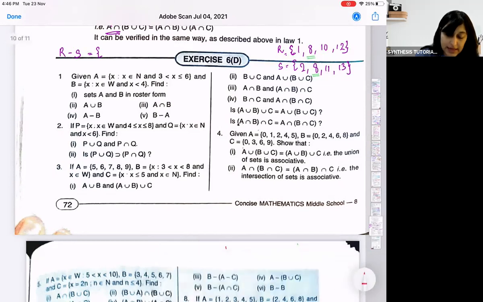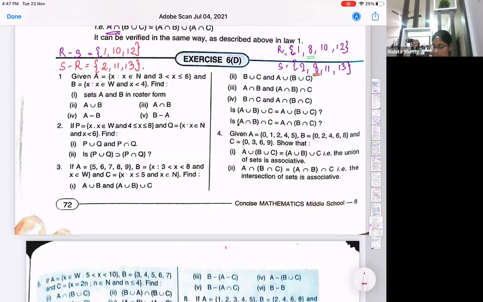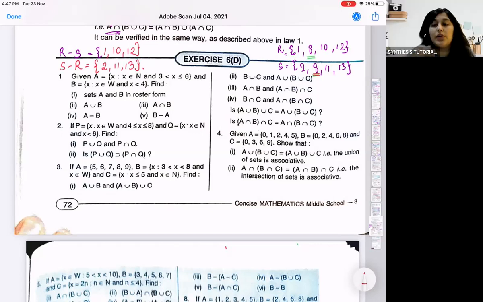R में से S निकाल दिया, मतलब अभी सिर्फ बचेगा 1, 10 and 12. समझ रहे हो? सेम वे अगर मैं S माइनस R लिखूंगी तो जो R में एलिमेंट था 8 वो नहीं लिखूंगी, क्या लिखूंगी? 2, 11, 13. Are you understanding बेटा? Yes, ma'am. डिफरेंस मतलब जिसको माइनस कर रहे हो उसके कोई भी एलिमेंट्स नहीं होने चाहिए.